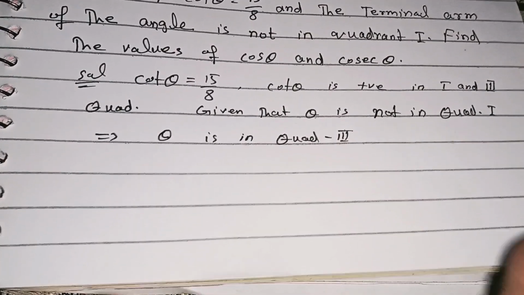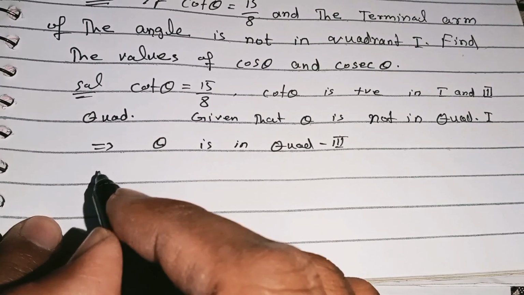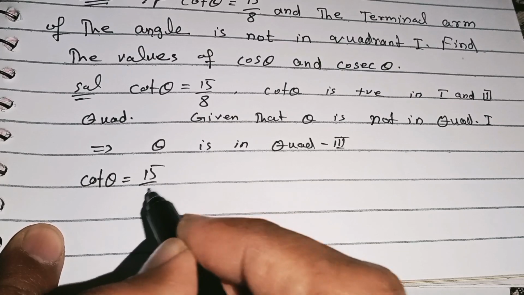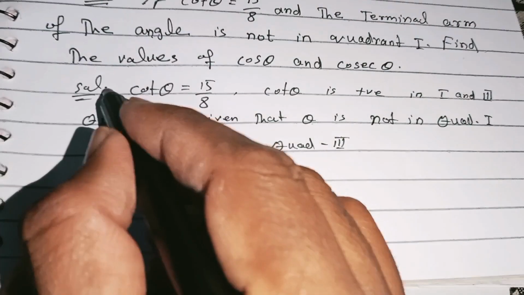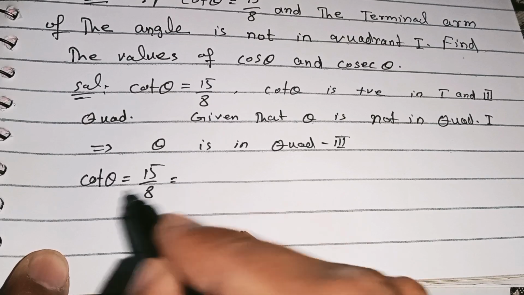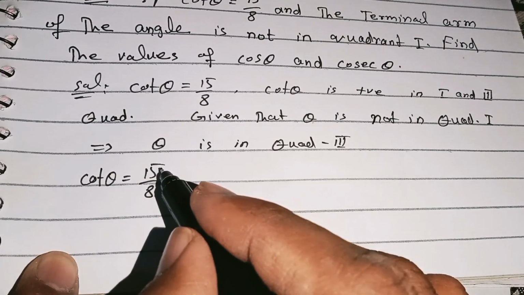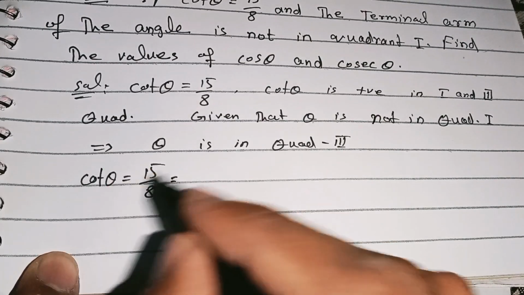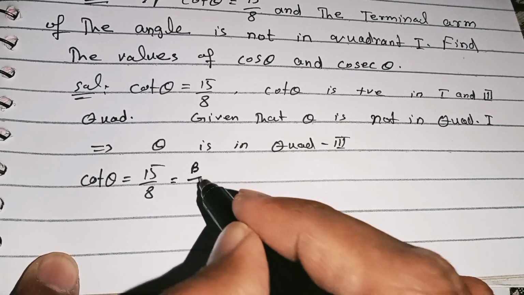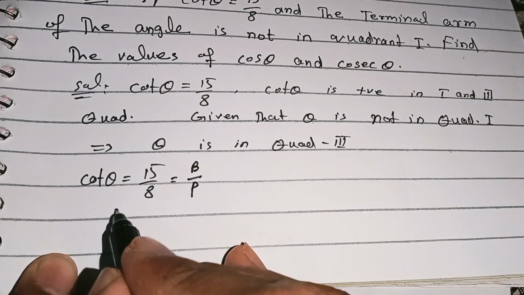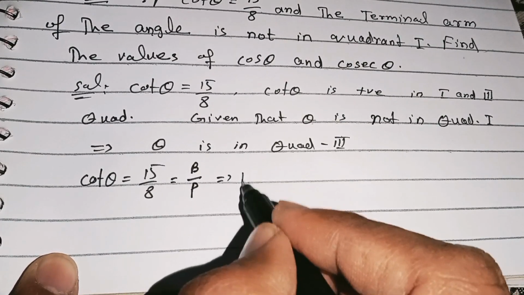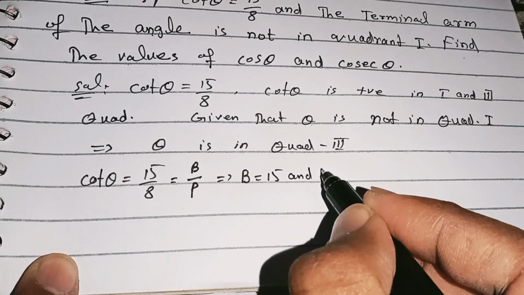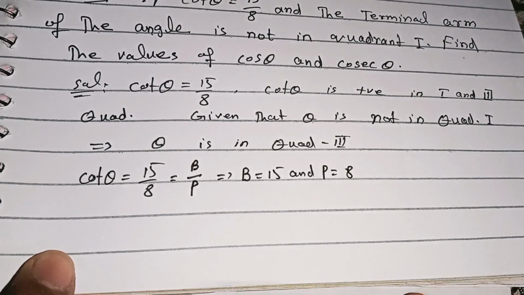Now we use the relation cot theta is equal to 15 over 8. Cot theta is reciprocal of tan theta, and tan theta is equal to perpendicular over base. Therefore cot theta will be equal to base over perpendicular. This implies that b is equal to 15 and p is equal to 8.